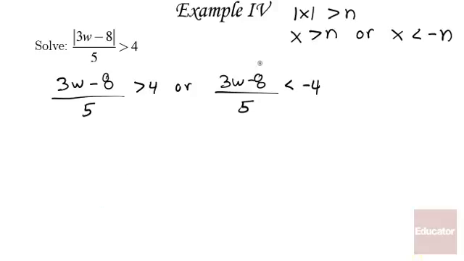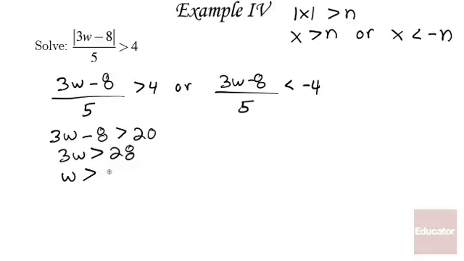Okay. First thing to do is get rid of the fraction. So multiply both sides of this inequality by 5. Next, add 8 to both sides. And finally, divide both sides by 3. For this inequality, again, get rid of the fraction, multiply both sides by 5.